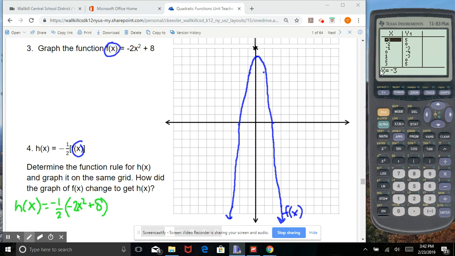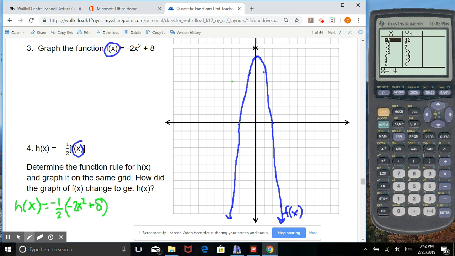So we have 0, negative 4, or I'm going to start up at the negative 3, 5. Let's see, I can also do negative 4, 12. No, I can't. So negative 3, positive 5. Negative 2, 0. So the roots are the same.